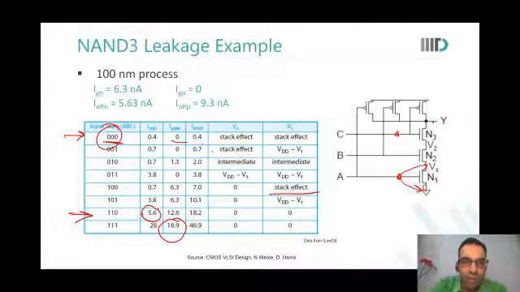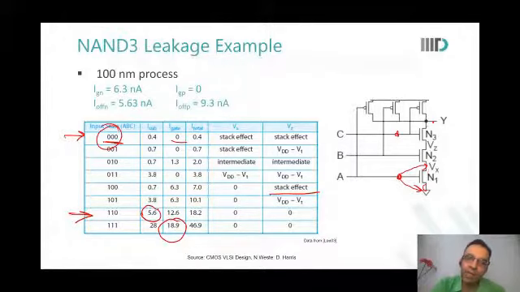When the inputs are 1 0 0, let us say the fifth row, A is 1, which means Vx is equal to 0. Now what happens to Vz? Vz can't be 0 because it is not connected to 0 anywhere. So there will be some stack effect.